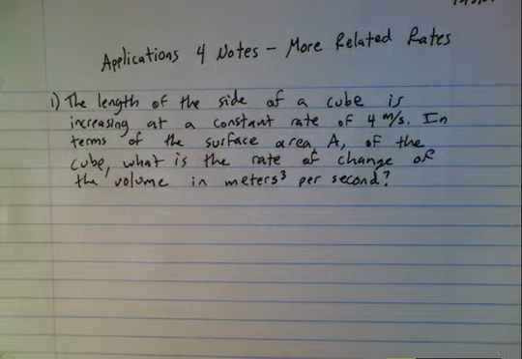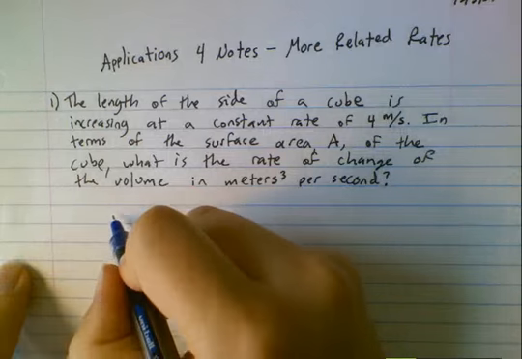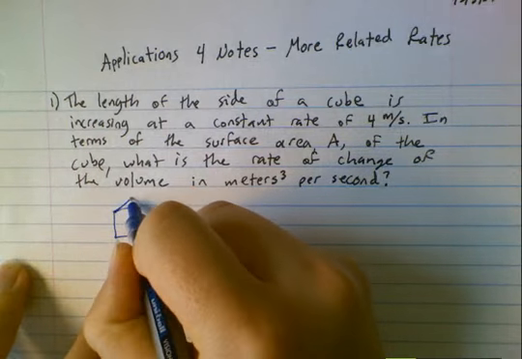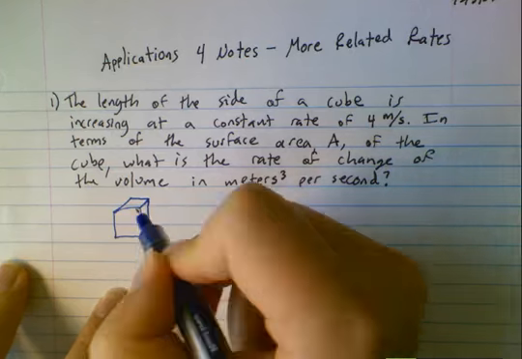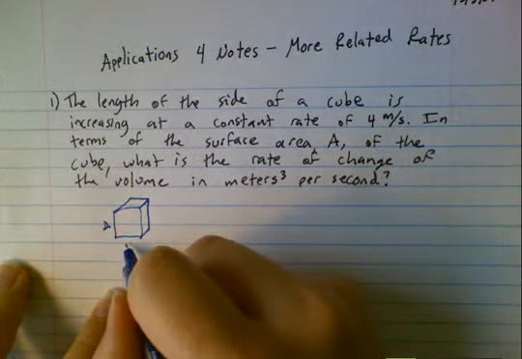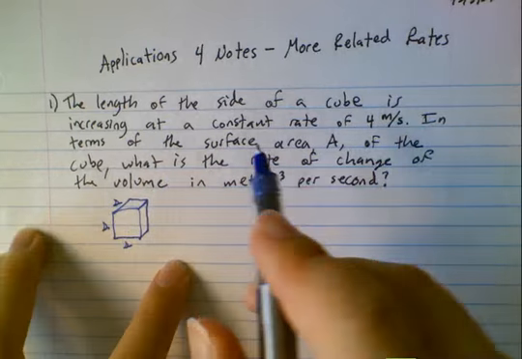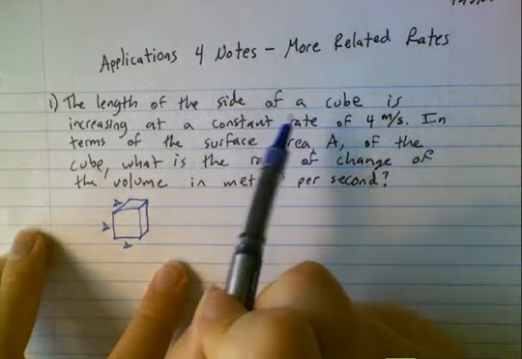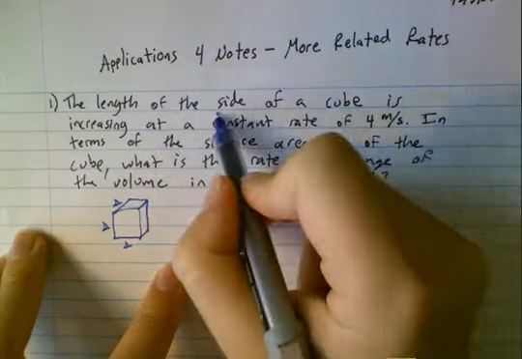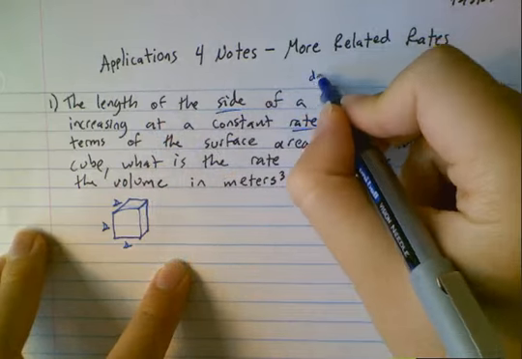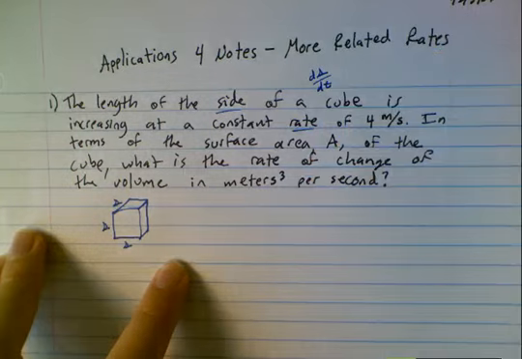Okay, so let's draw our diagram. We've got a cube. It has some side length S. The length of the side is increasing at a constant rate, so side rate, that's ds/dt.